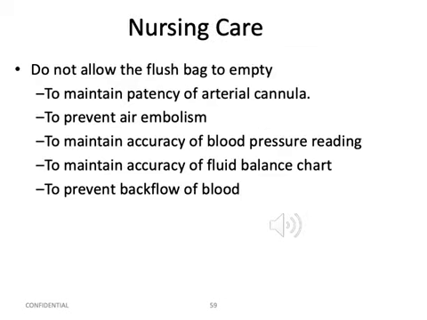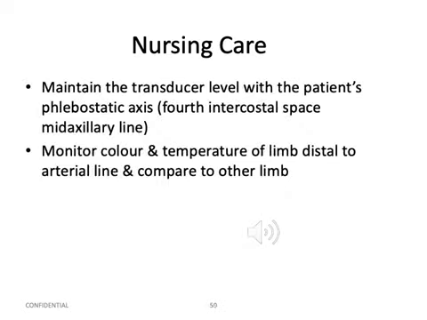We need to make sure that the flush bag is not empty, to maintain the patency of the arterial cannula, to prevent air embolism, to prevent clots, to prevent backflow of blood, and also to have accurate readings with an accurate fluid balance chart.